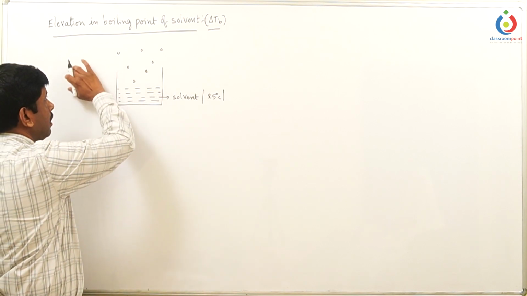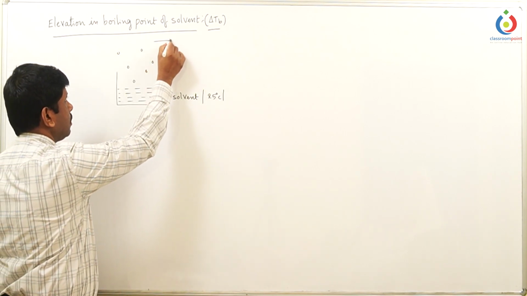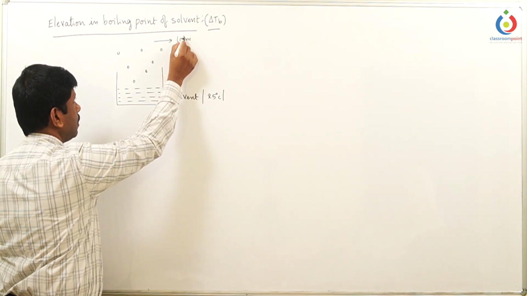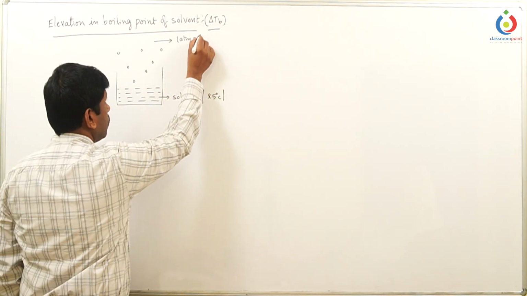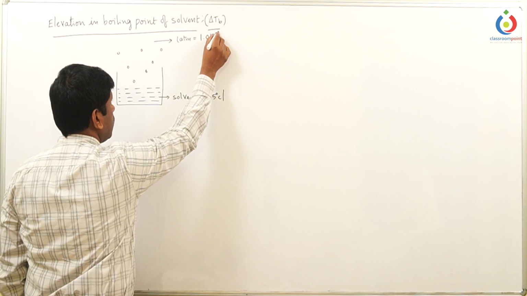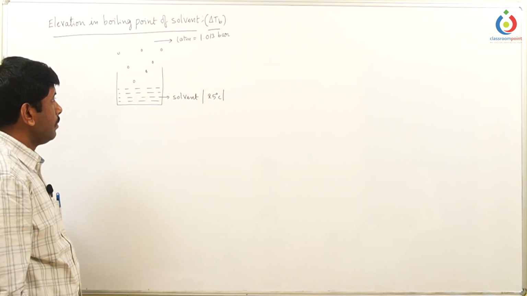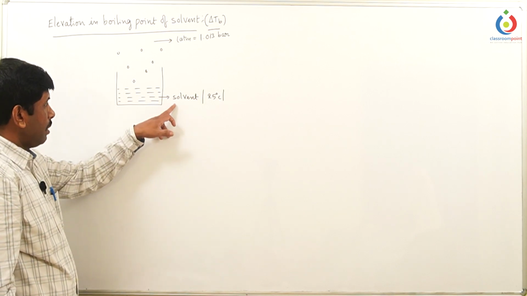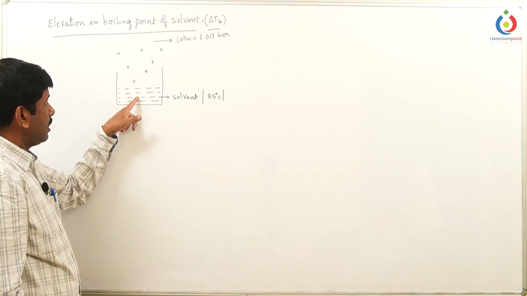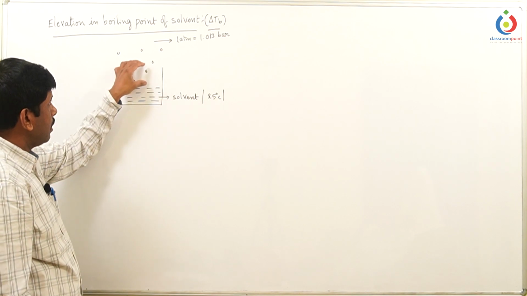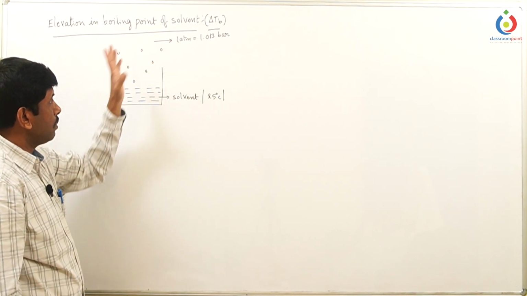But in the open beaker, the pressure of the atmosphere is equal to 1 atmosphere, which is equal to 1.013 bar. So solvent molecules do not get sufficient energy to create a vapor whose pressure is equal to atmospheric pressure.